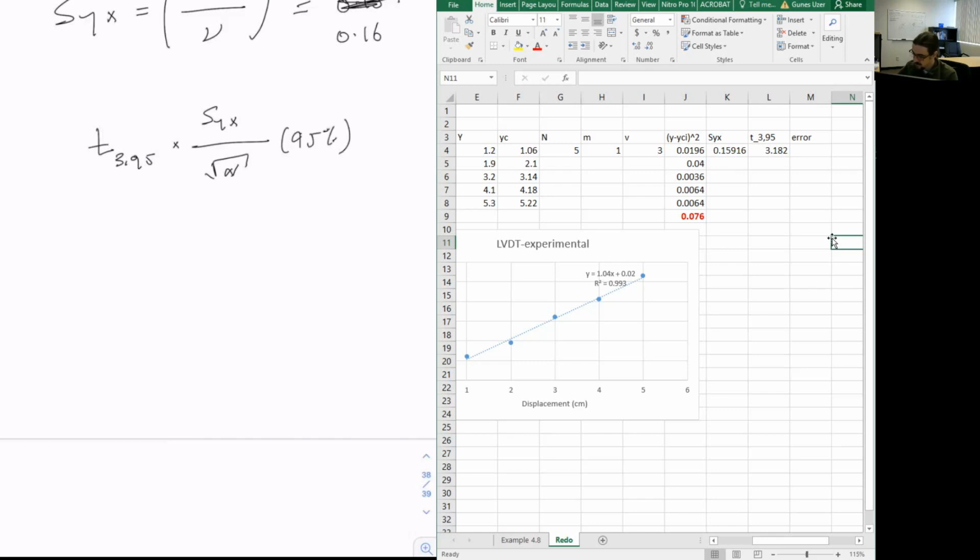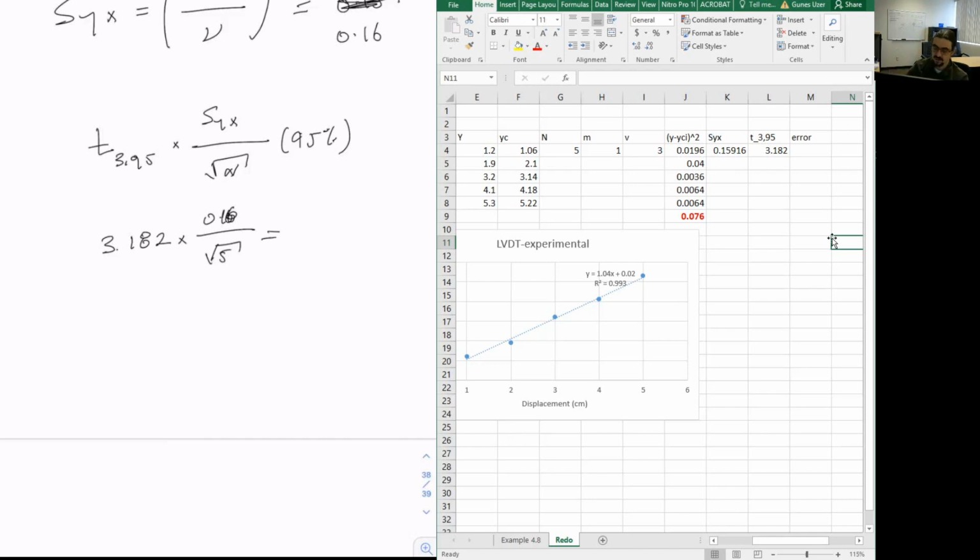To do that, it will be 3.182 times my Syx, which is roughly 0.16, divided by square root of 5, because our n was 5.